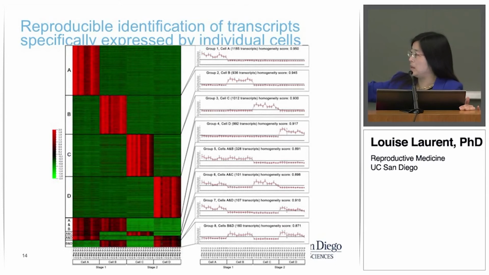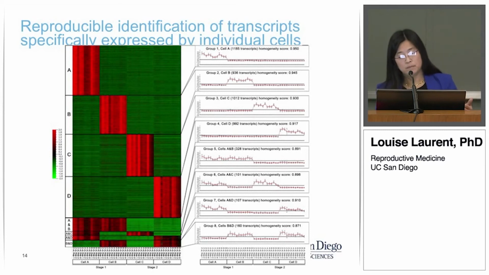There are some transcripts that are in common between A and B, or between A and C, et cetera. So quite a large percentage of the transcripts are differentially expressed in a clean way between the different cells.